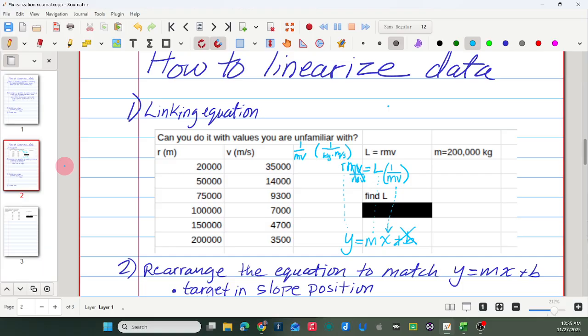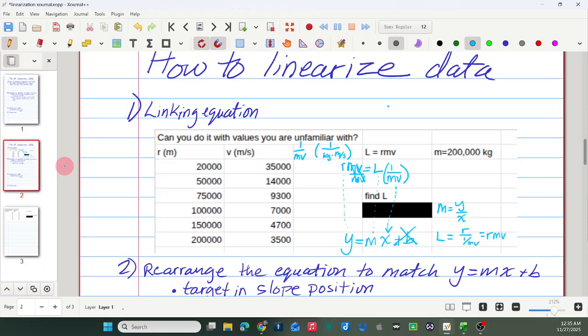And so what would the units of my slope be? Well, I know that really my slope is going to be equal to y over x. So in this case, my slope is L. It's going to be equal to r divided by 1 over mv, or in other words, r times mv. Hey, that's where we started, isn't it?